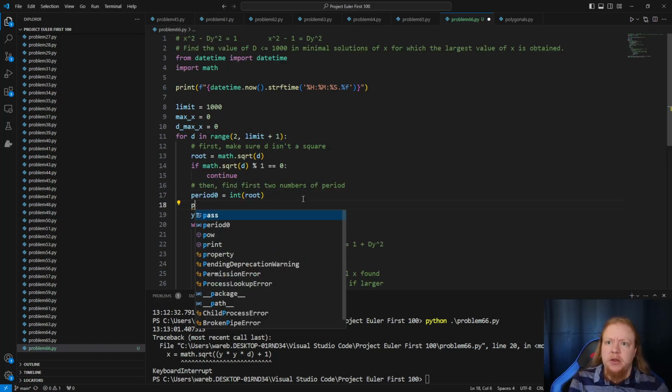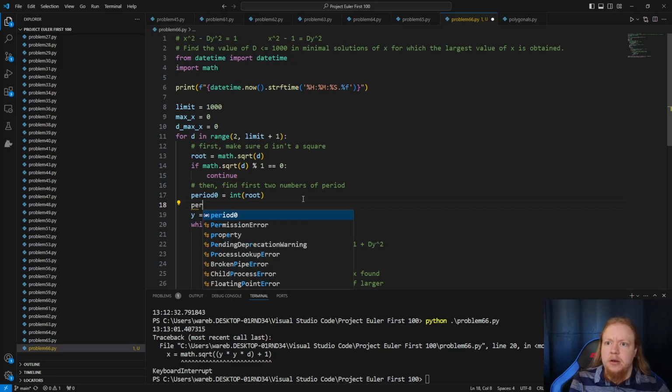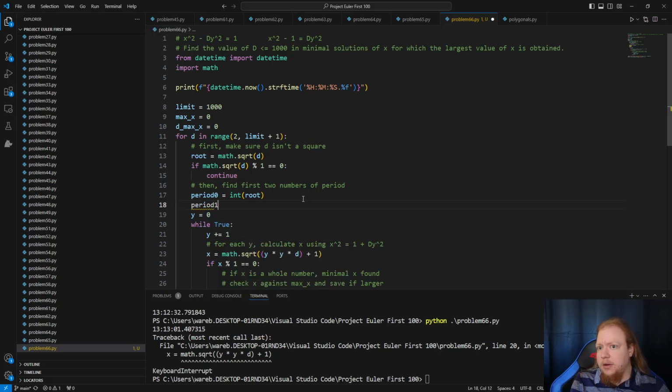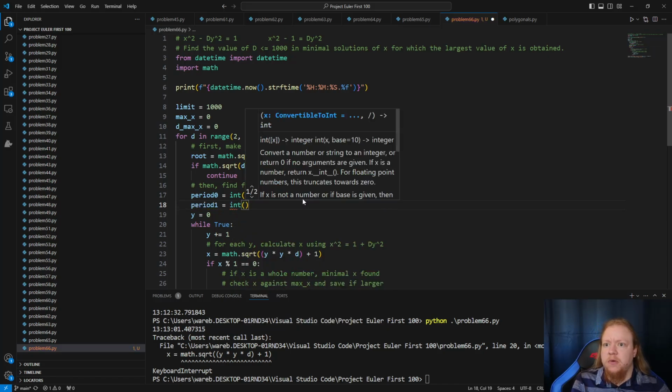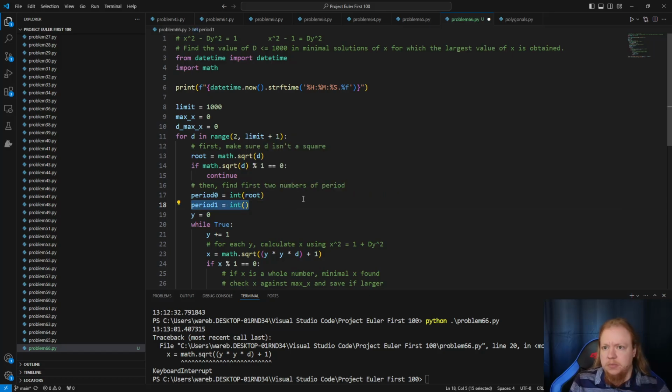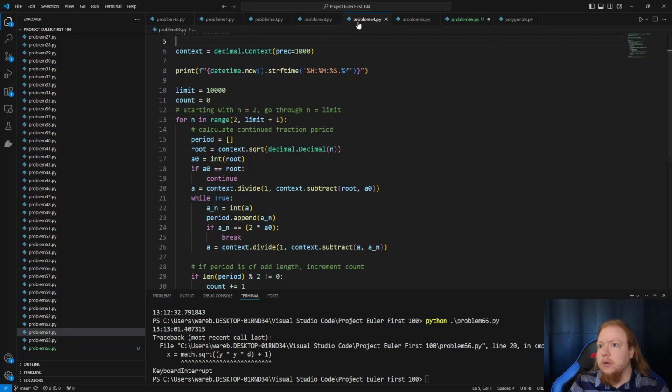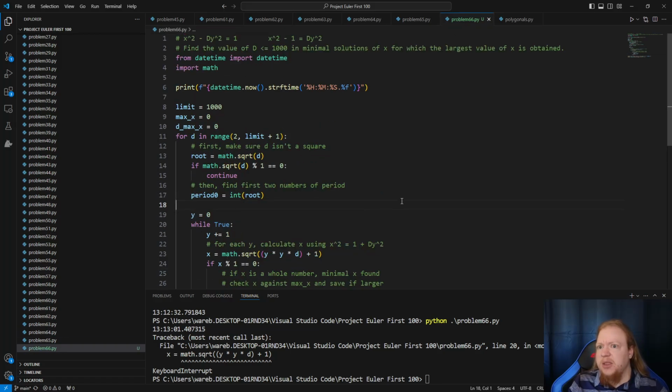So period 1 equals the integer form of, let's just do this. I'm just going to copy this over for a second.